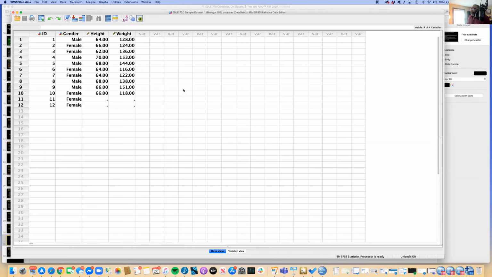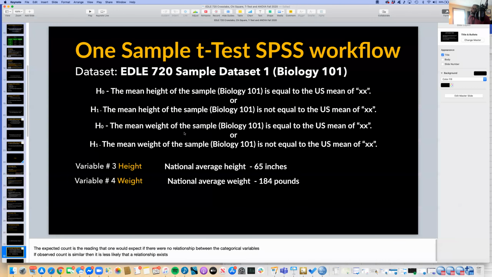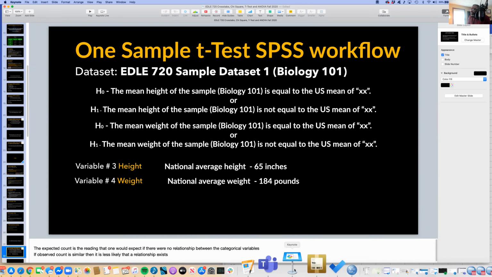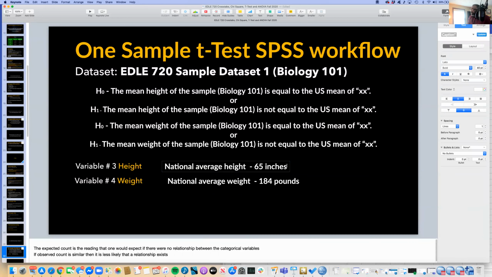But we're interested, as we go to this slide, in seeing if the average height in this biology 101 classroom is actually statistically significantly different than the national average height of 65 inches, okay?